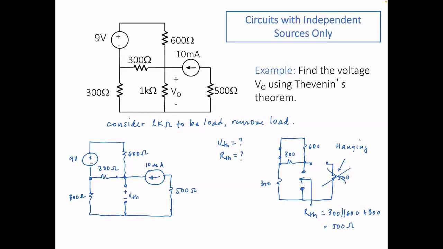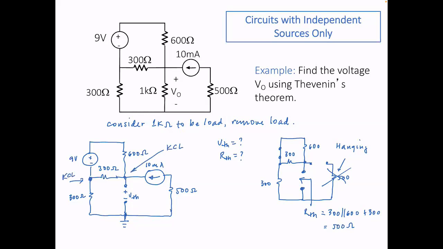Note that the first approach you would probably use to determine VTH is what you're used to. You're probably used to nodal analysis. You can use nodal analysis to get VTH. Maybe you can make this your reference node and then apply KCL here, and you would also have to apply KCL here.